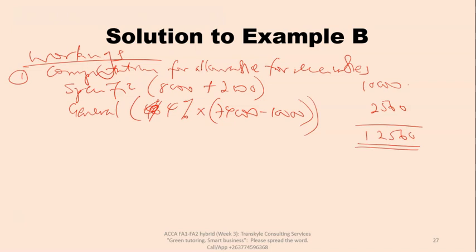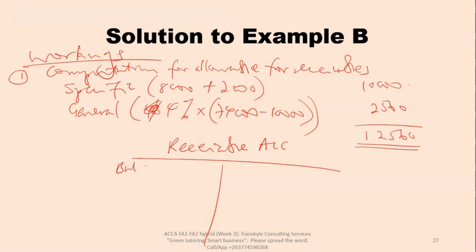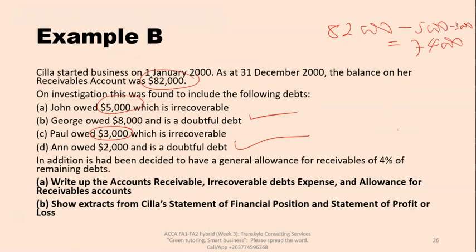For example, the receivables account. The account receivable is shown like this. Remember, the receivables are assets, so obviously we're going to have the balance b/d on the debit side, and we are going to say 82,000 here because we started with 82,000 according to the question.